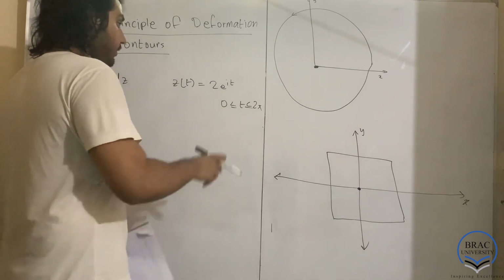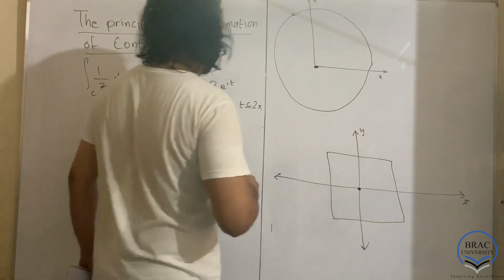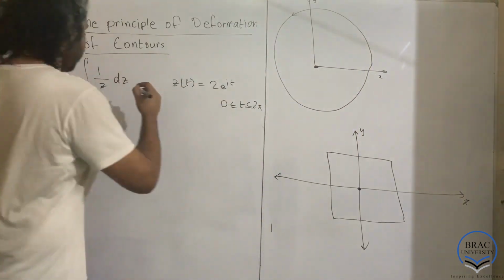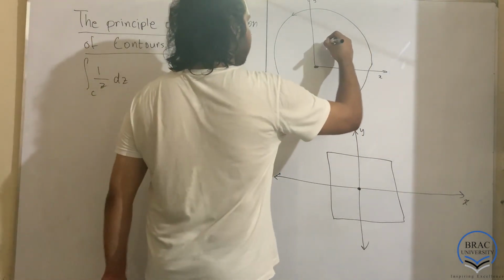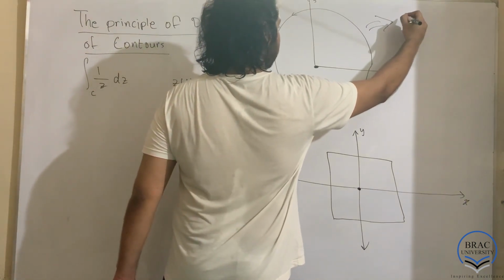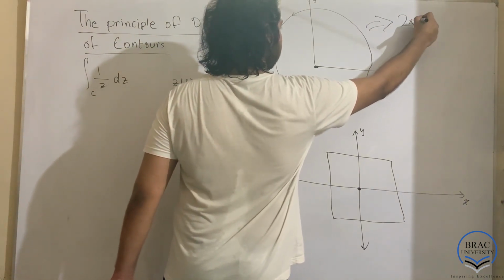Now this, where our contour was 2 e to the power I t, gave us the value of our integral to be 2 pi I. I'll just write it here. For this, we got the value of our integral to be 2 pi I.